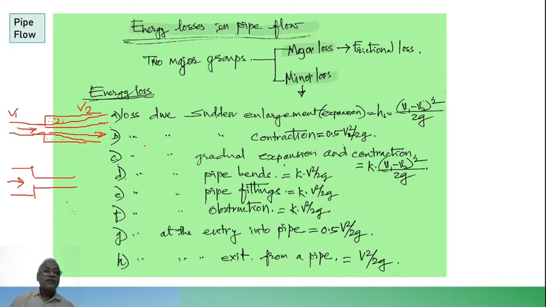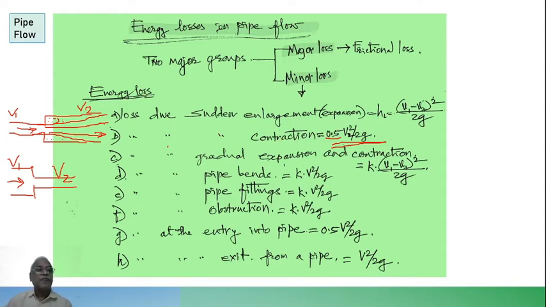But in case of sudden contraction it is 0.5 and it depends only on V2 squared, not V1. In this case when it is sudden contraction, this will become V1, this will become V2. So after contraction, whatever velocity it possesses is part of the expression as far as sudden contraction is concerned.